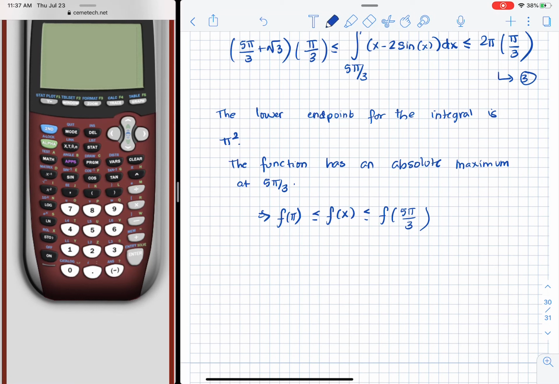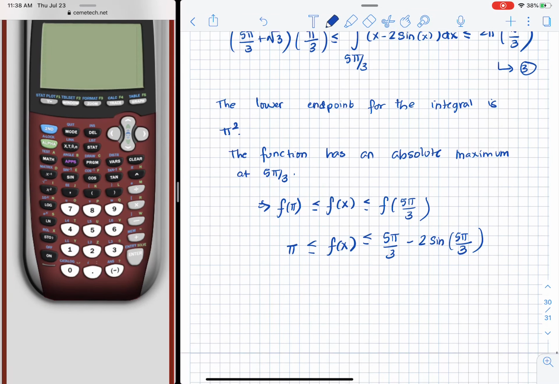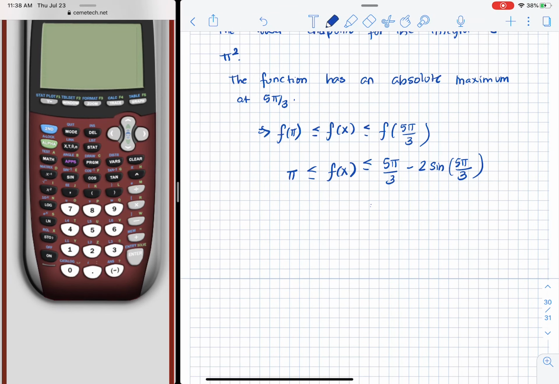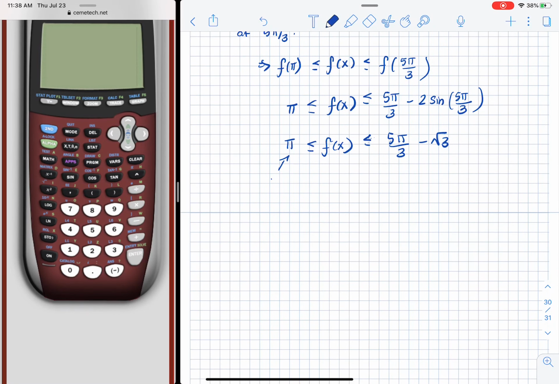So f of 5 pi over 3 is simply 5 pi over 3 minus 2 sine 5 pi over 3. And f of pi is simply pi. So we would have f of pi over 3 minus root 3, we've done this before, and pi. Now this is a new lowercase m, uppercase m.